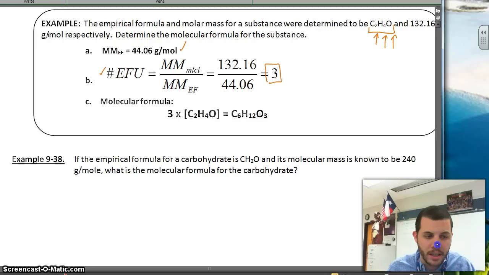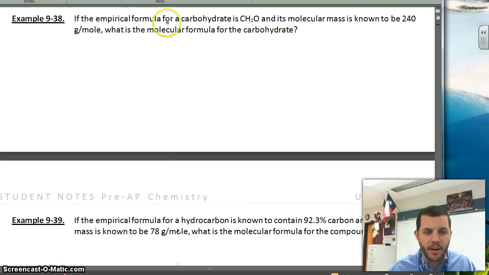So let's take a look at example 9-38. The empirical formula of a carbohydrate is CH2O, and its molecular mass is known to be 240 grams per mole. What is the molecular formula for the carbohydrate? Pretty easy. My molecular mass for my entire molecule is 240.